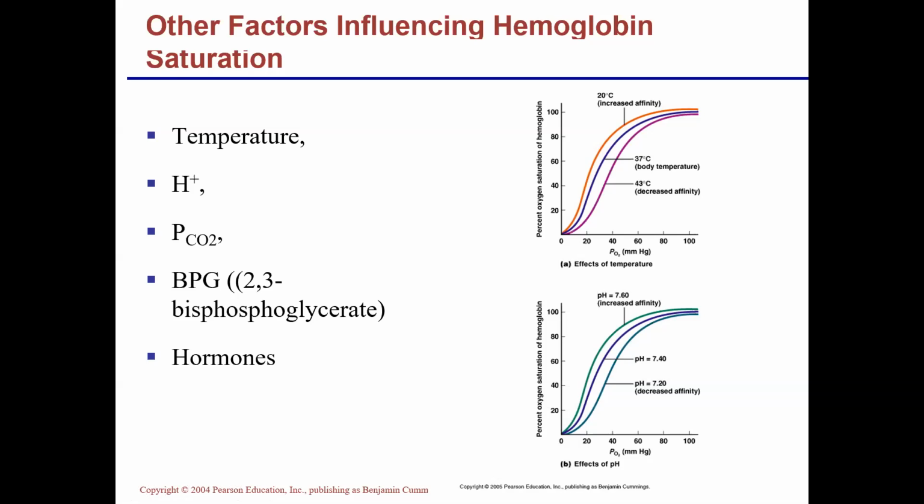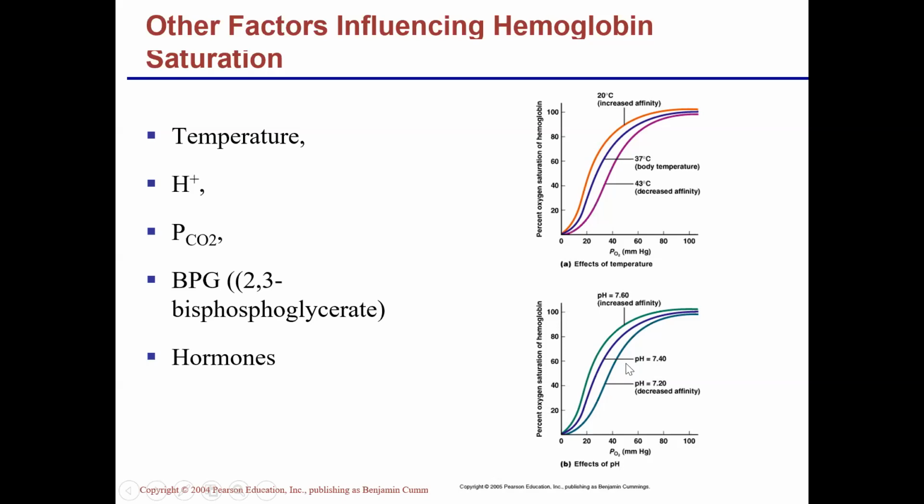I don't have a curve on my slide, but if you have your book on page 850, the second curve, the red one, is when you have more CO2. So basically the curve is going to shift to the right. What does that mean?